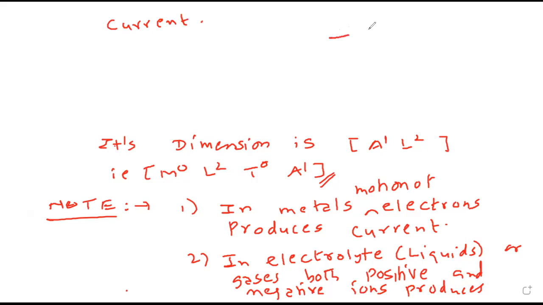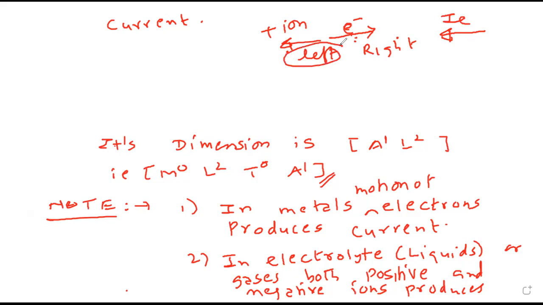That means if electron is going to the right side and positive ion is moving towards left side, if both are same in number, current is not zero. A common mistake is to say electron on the right, positive ion on the left, net charge 0. No. Electron will give current opposite to its flow, that means in the left. And this positive ion on the left will give current in the left only.